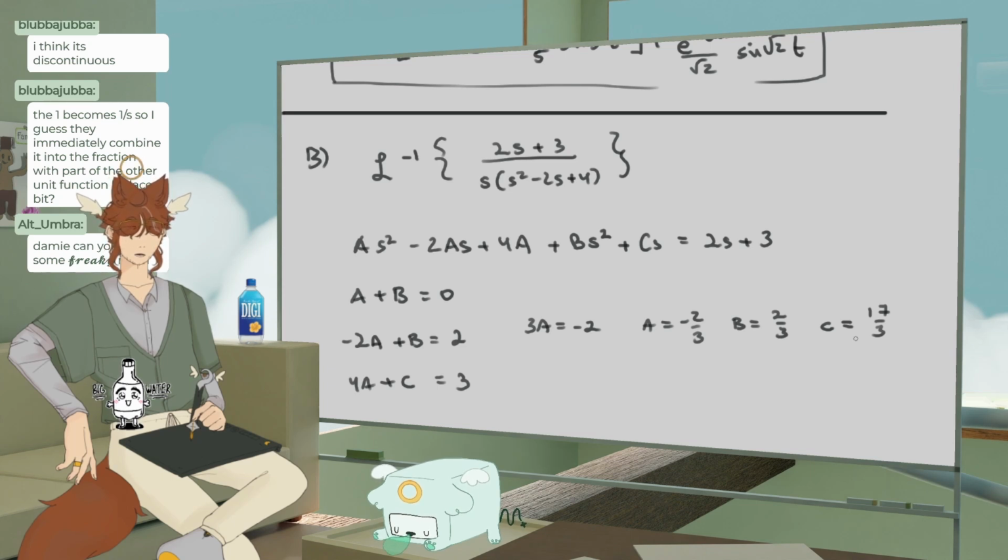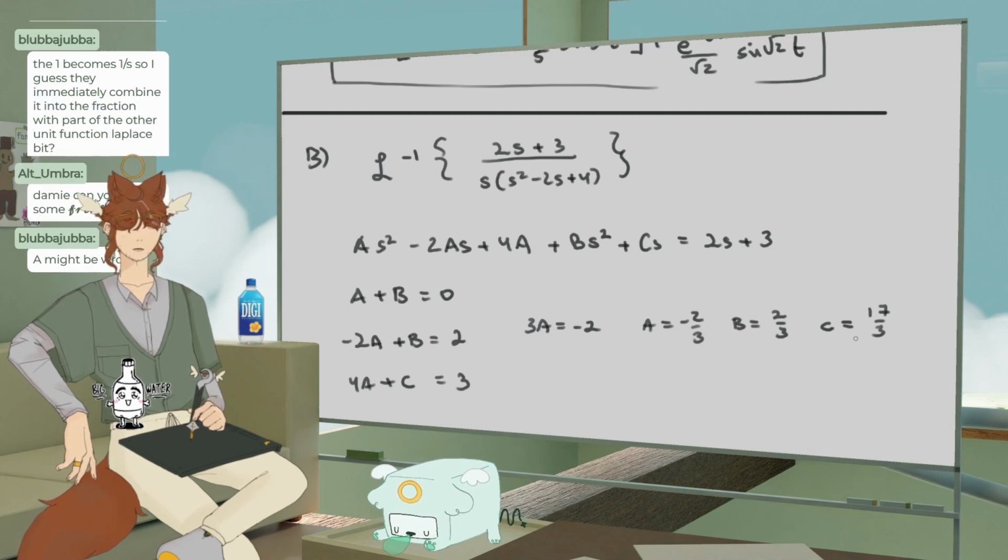If A's negative, 4A plus C. Am I going crazy? 4A, negative... Did I do a goof? No, all my numbers should be positive if they're positive. What? Maybe I put my matrix in wrong. That's also entirely possible.